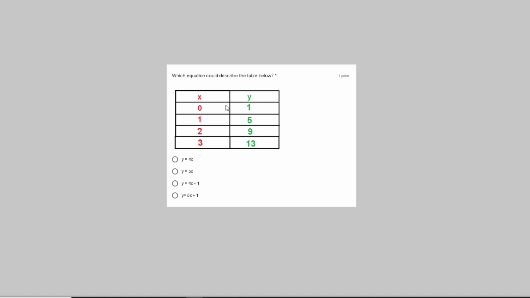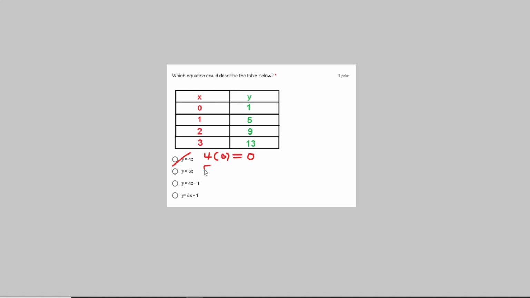If the equation describes the table, it has to work for each row. So if we do times 4, 0 times 4, well, that should give me 0. So that can't be it. All right, 4 times 0 is 0. So that won't work.